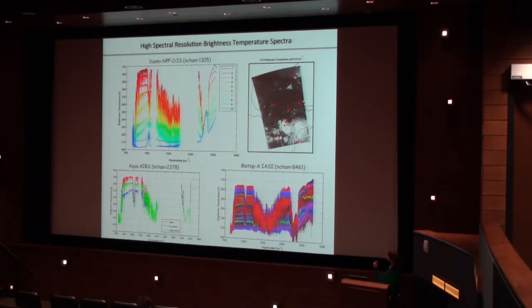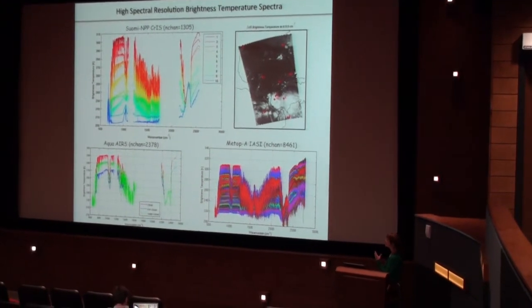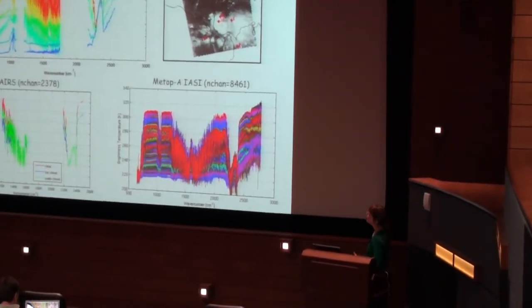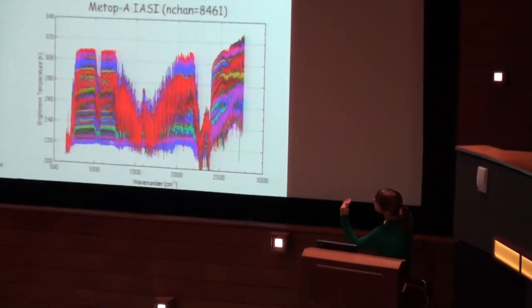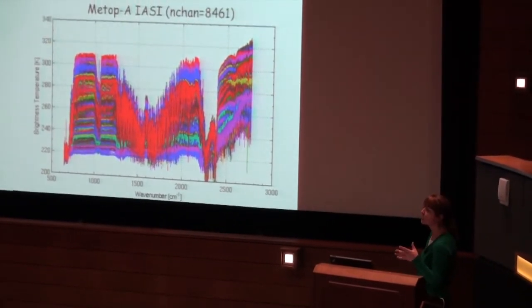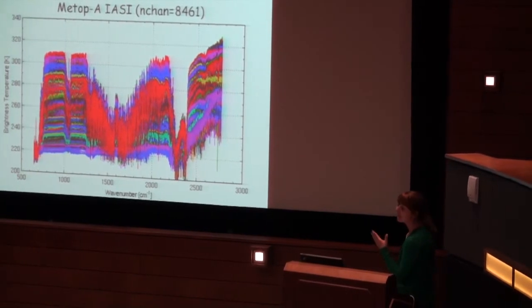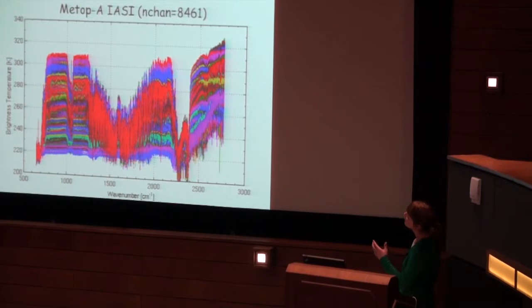So we have the clear spectrum, the dark red one, and then the low-level water clouds look very similar, but the window temperature is a little bit lower. And then the ice clouds are really nice too. They have this nice slope in the window region, and this is due to the characteristics of the refractive index of ice particles.